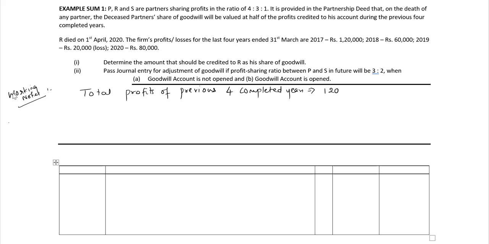It's rupees 1,20,000 plus 60,000 rupees minus 20,000 rupees plus 80,000 rupees.